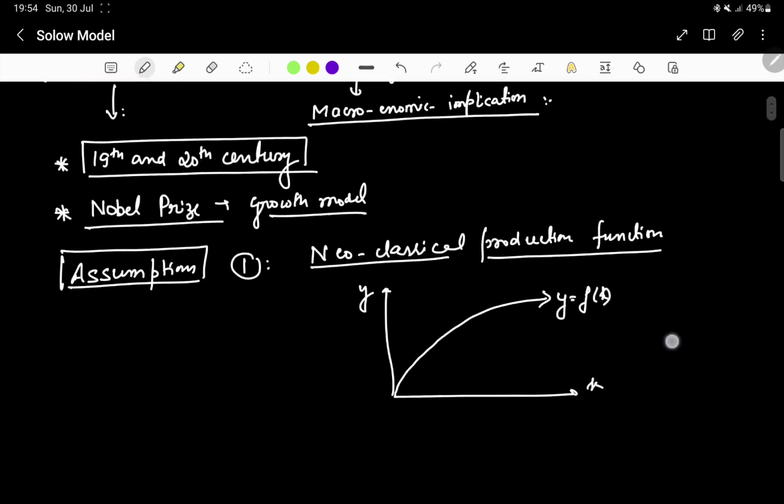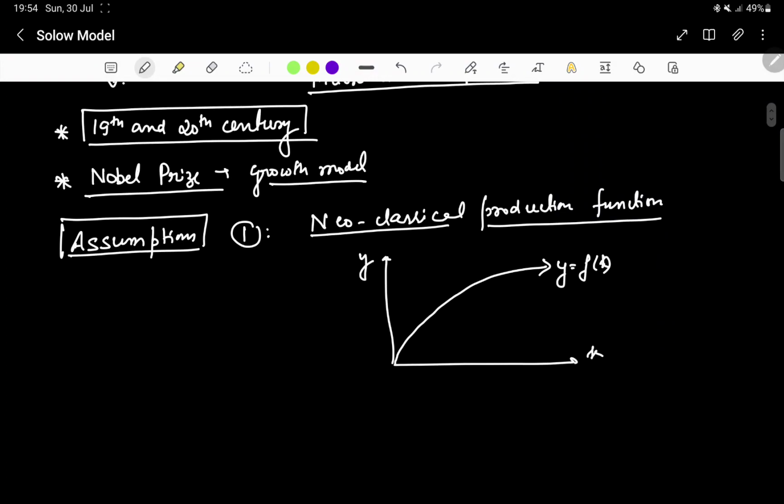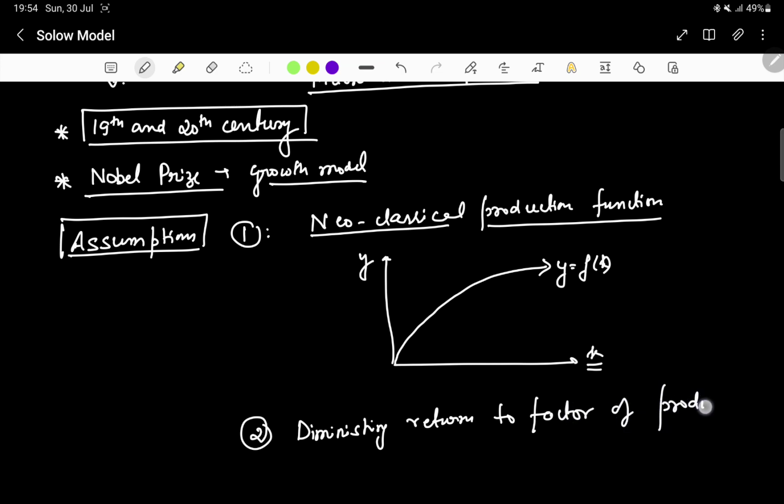Okay, so this was one of his assumptions, that there were diminishing returns to factors of production.